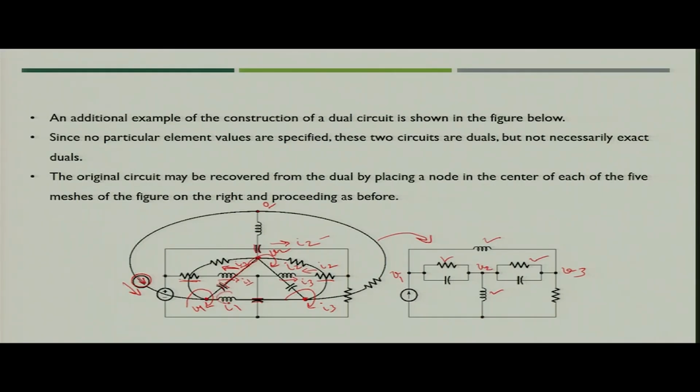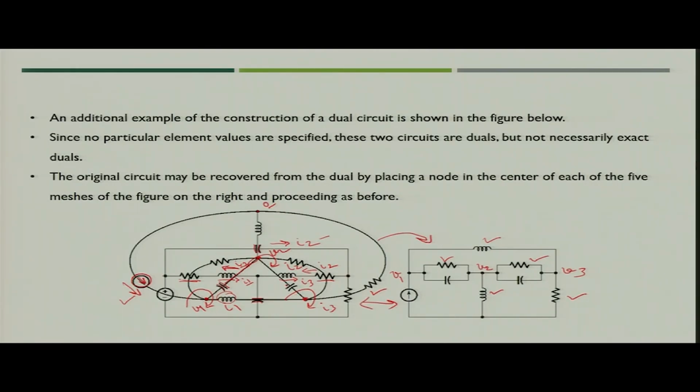So, this is the inductance which you have got, between node 1 and node 3, and finally, between node 3 and reference you have one conductance, and the current source is connected between reference and node 1. So, this circuit you can rearrange and represent nicely, so that you do not have any ambiguity. Basically, this circuit has become the dual of the original circuit.